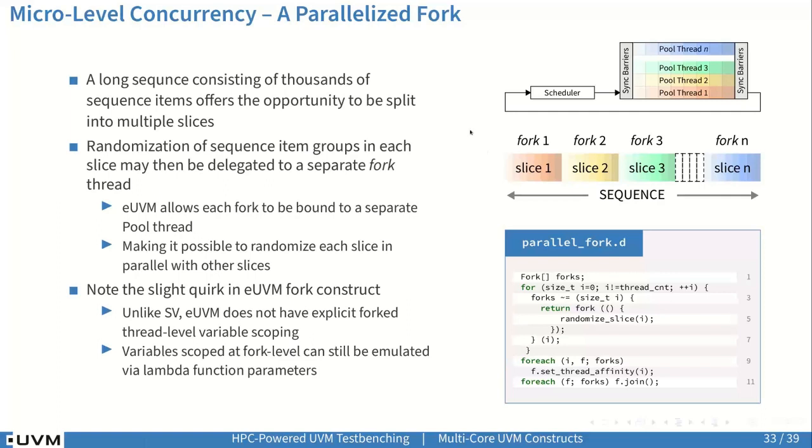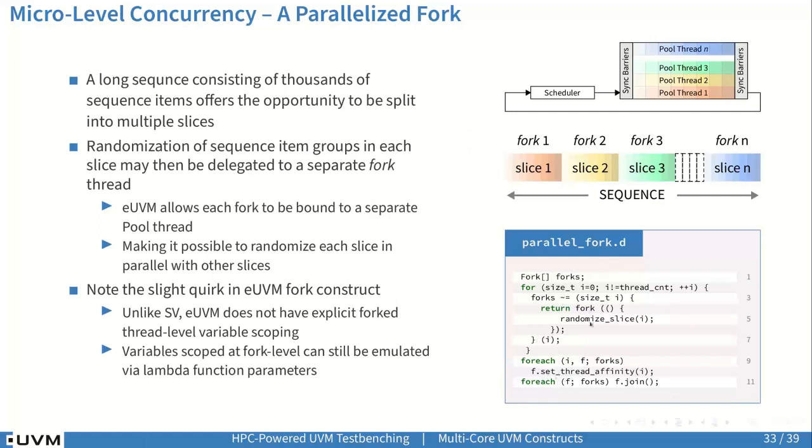Finally, in SystemVerilog, you have a fork, and fork will generate multiple threads, right? Multiple tasks. And all those tasks will then be run sequentially. In embedded UVM, you can set the thread affinity of a fork.